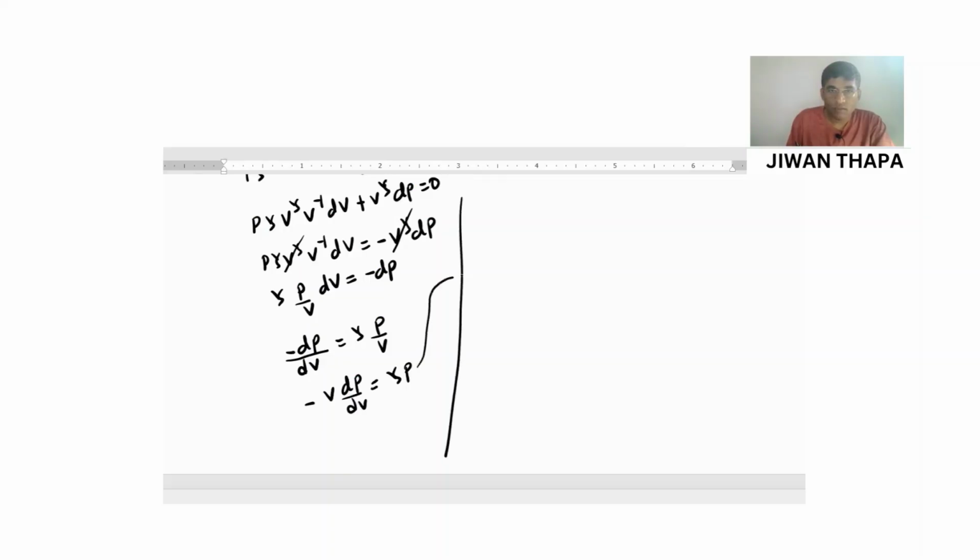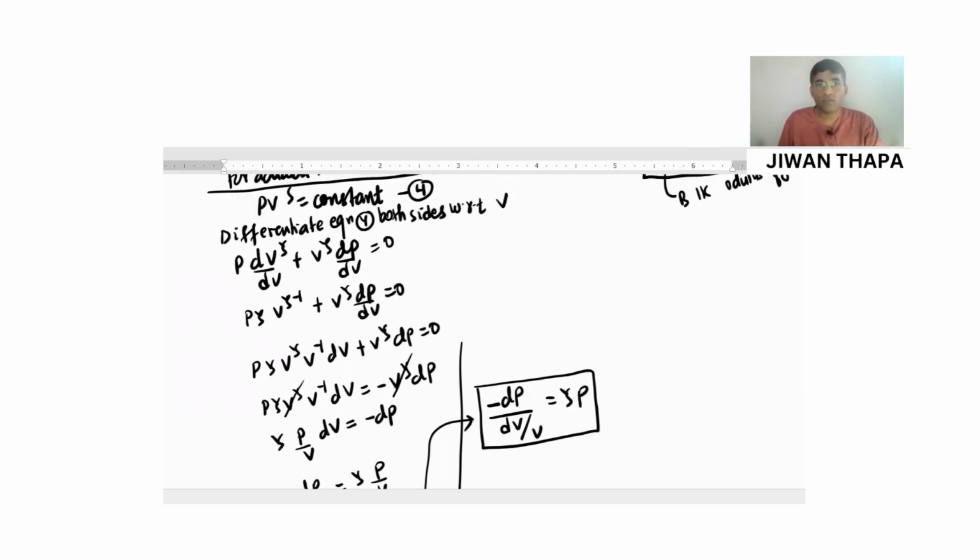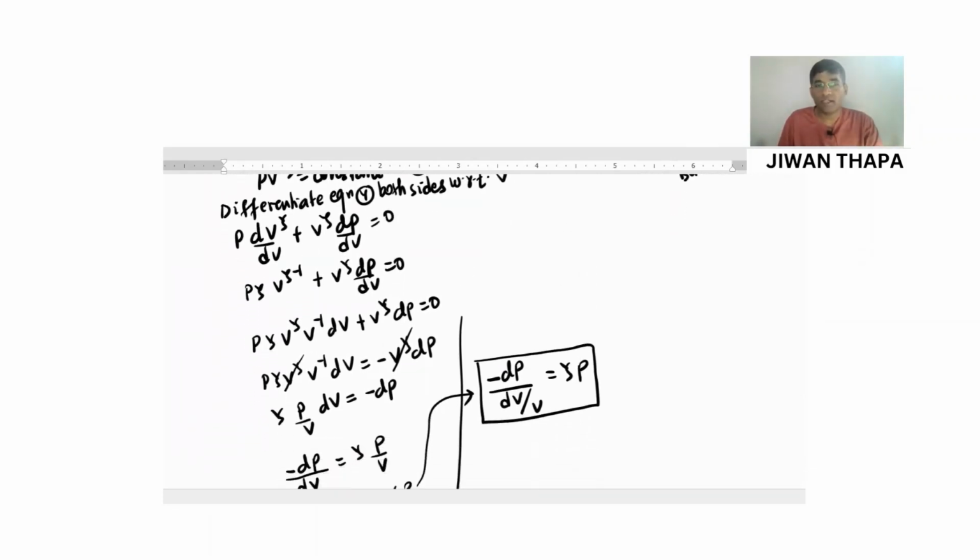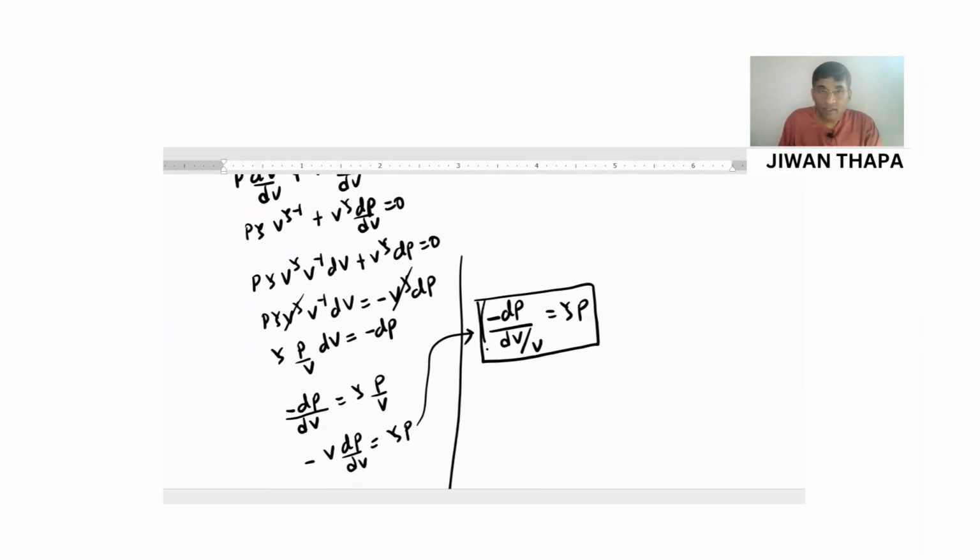Now minus dP by dV by V equals gamma times P. We finally get this result for adiabatic conditions, and this term inside the bracket represents the bulk modulus.